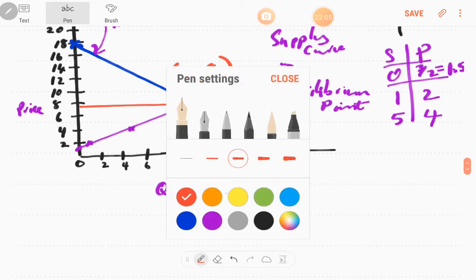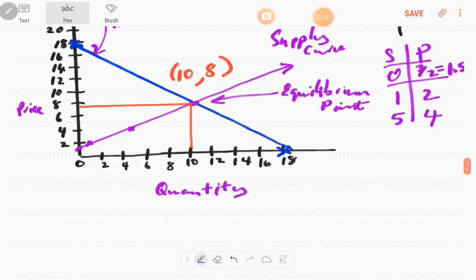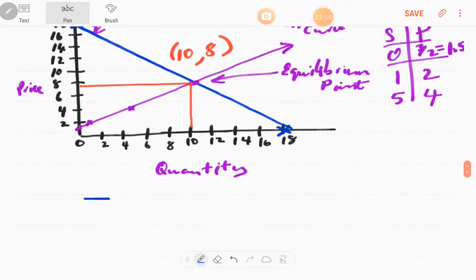So working this out algebraically, let's look at the two equations. We have D equal to minus P plus 18, and S is equal to 2P minus 3.